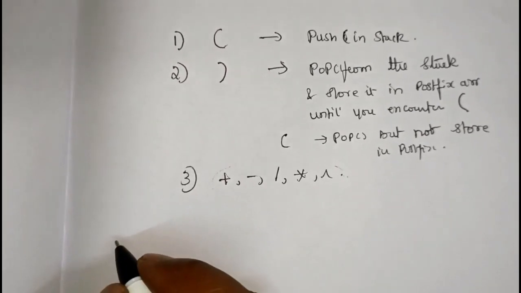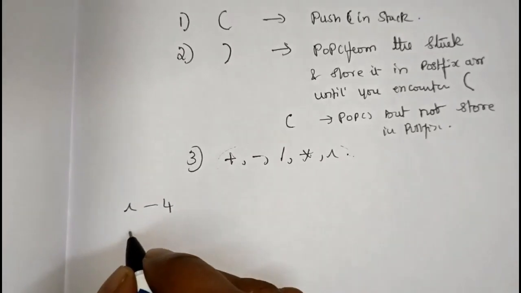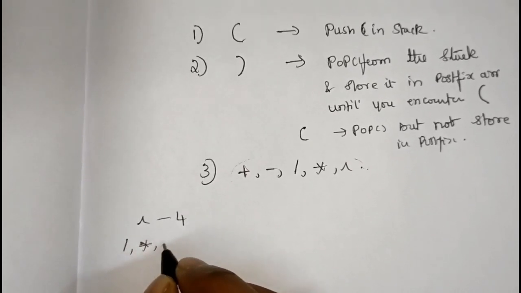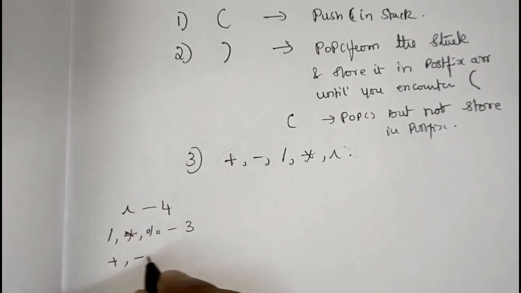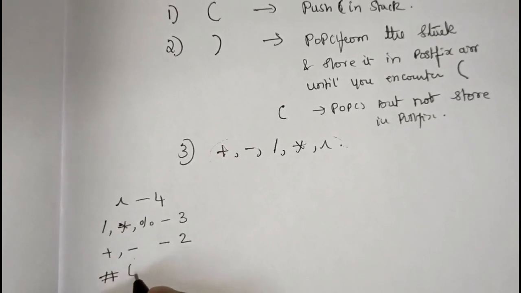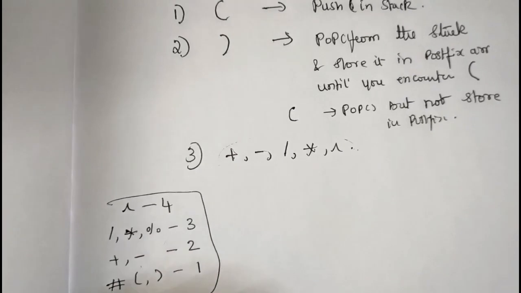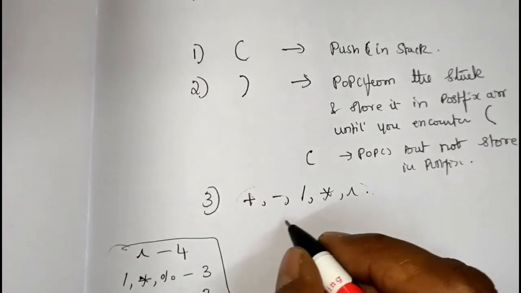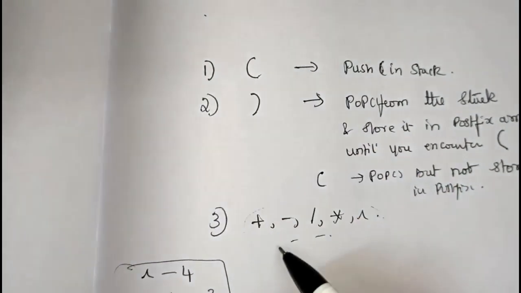From a program perspective, we have given cap as 4, division, multiplication and modulus as 3, plus and minus as 2, and hash, open parenthesis and closed parenthesis as 1. This we need to remember from a programming perspective. I'll explain this while I write the program. So these are the different cases.